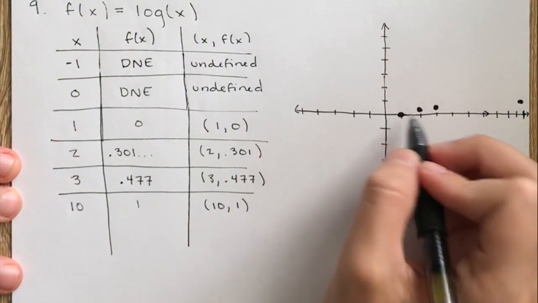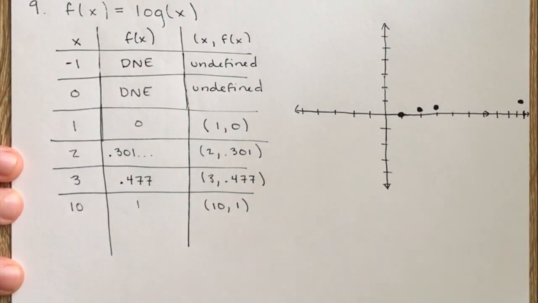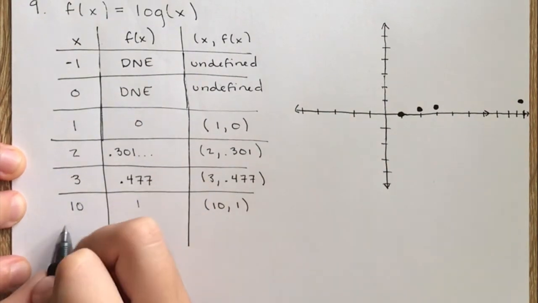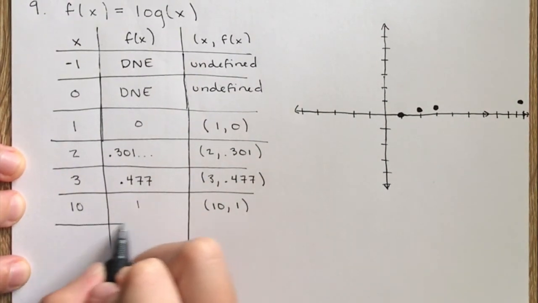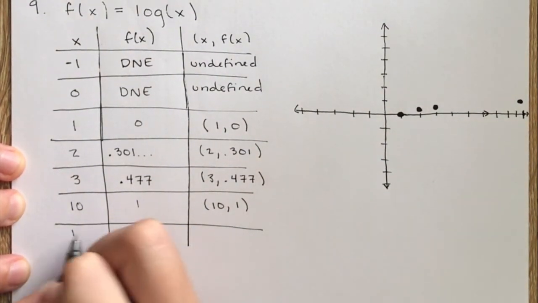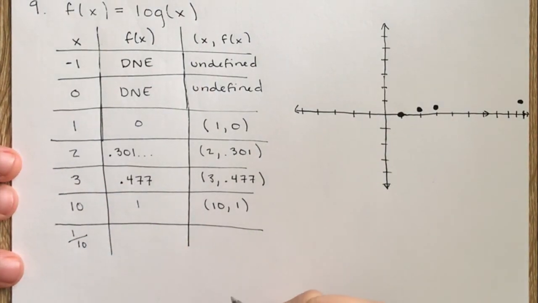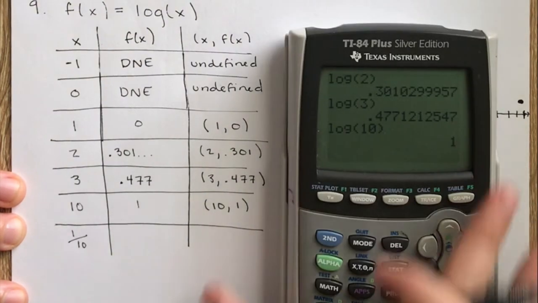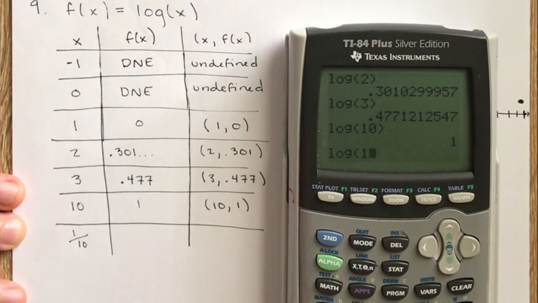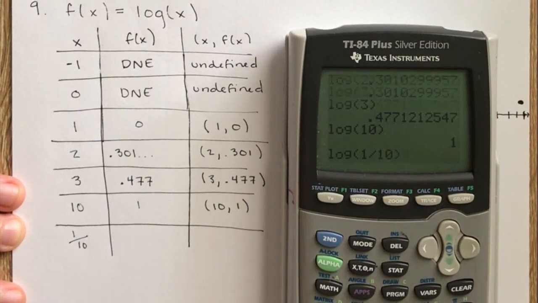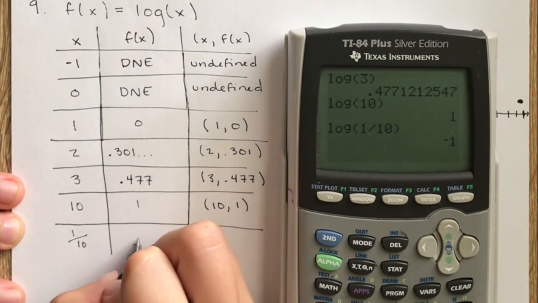So let's try something that's in this sort of range here. And again, I'm going to throw in some nice math teacher knowledge and say, let's try 1 over 10. If I take log of 1 over 10, I end up getting -1.